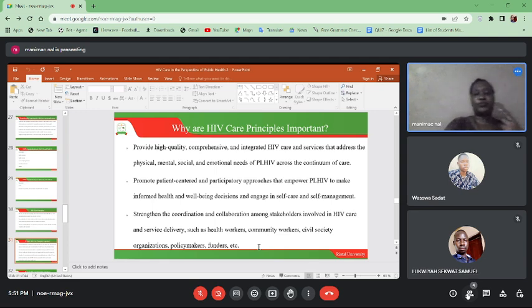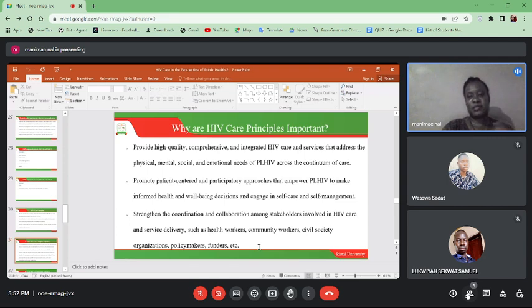Number two, why is it important? Because it helps us to promote a patient-centered and participatory approach that empowers people with HIV and AIDS, such that they can make informed health and well-being decisions, and we need to engage them in self-care and self-management.